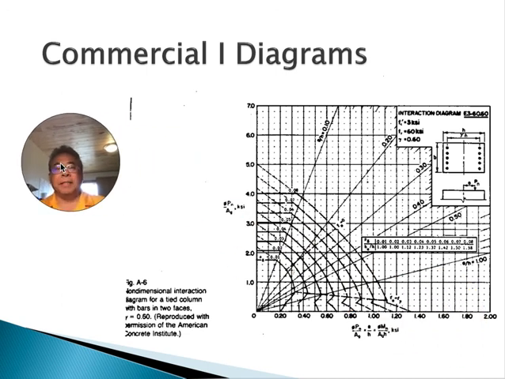You can buy these interaction diagrams, and see this one. It has that little pinch in by the belt. That little thing there, this already has the phi on it.